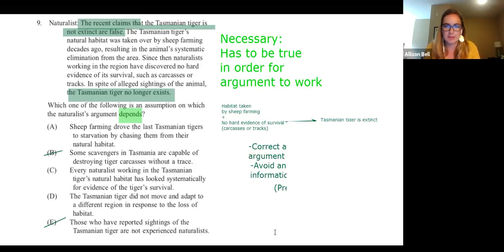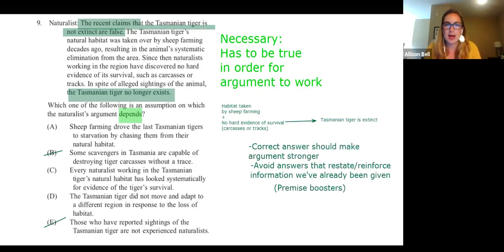I see C. Interesting. So I think A is interesting because it just restates some stuff about sheep farming and the Tasmanian tiger's natural habitat. It does introduce a new idea, though, of starvation. And so I don't know that I would straight up call it a premise booster because it's bringing in new information.